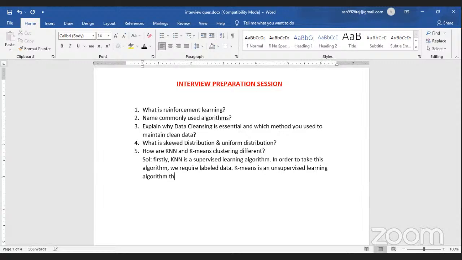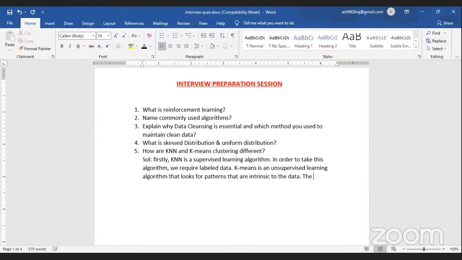That looks for patterns that are intrinsic to the data.